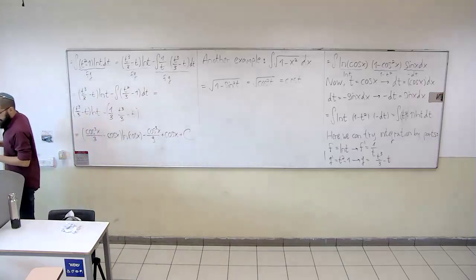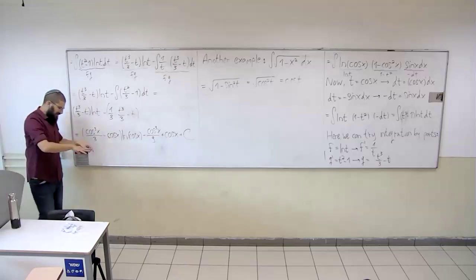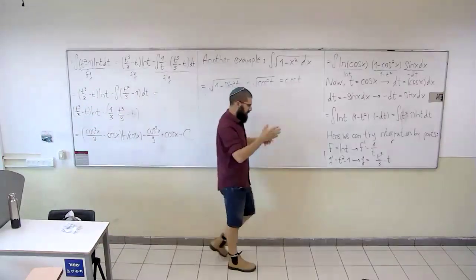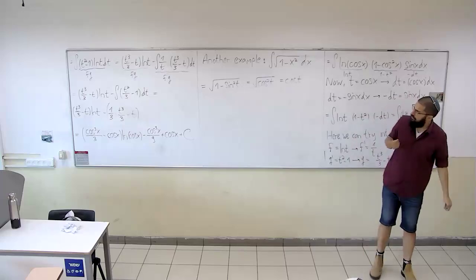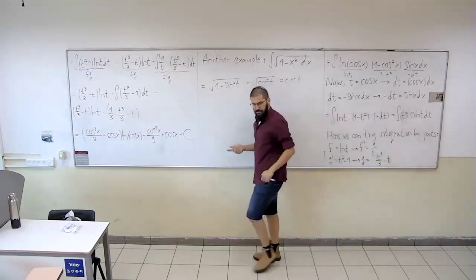So the question here is different than what we've already done today. We don't want to put t instead of some expression of x. On the contrary, we have x, and we want to put some expression of t.